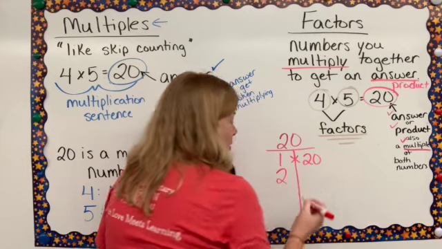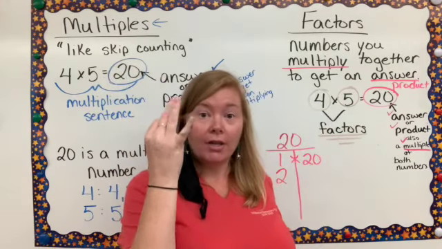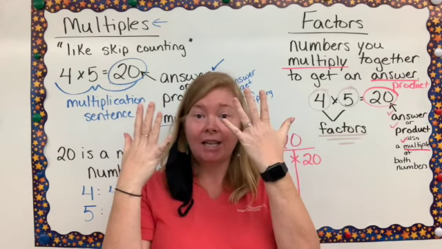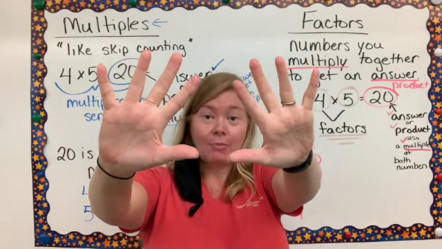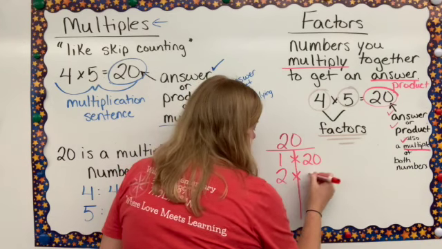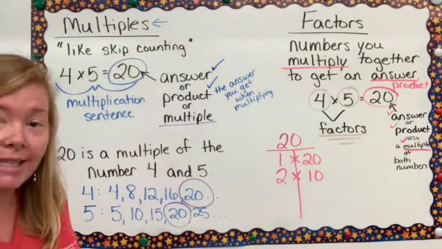If I count by 2s, am I going to say 20? 2, 4, 6, 8, 10, 12, 14, 16, 18, 20. How many fingers do I have up? Perfect, I have up 10 fingers. So that means 2 times 10 also equals 20.